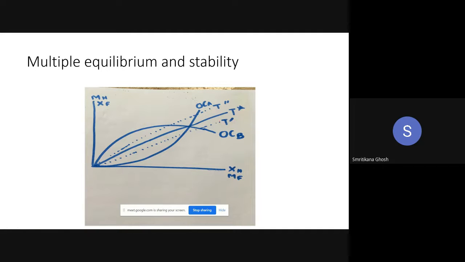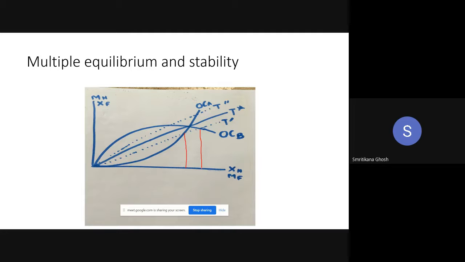If the terms of trade line is T dash, then the amount of export of the commodity is along the offer curve of the home country, right? And the amount of demand for the same commodity is along the offer curve of the foreign country. It's here. Do you get the point?